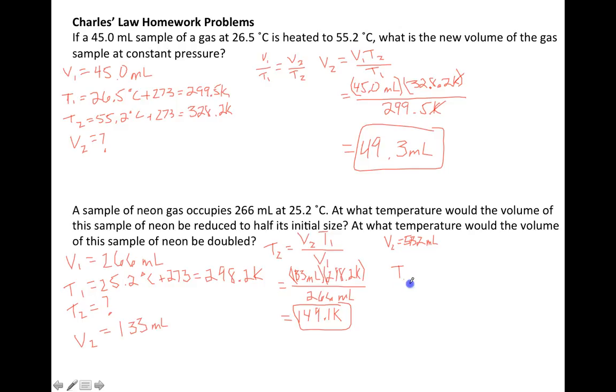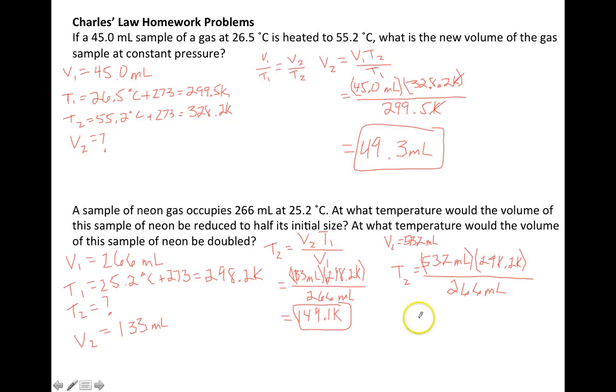This time T2, V2 is 532 milliliters times T1, which is the 298.2 kelvins. And we're still going to be dividing by the 266. So we're basically using the same formula, okay?